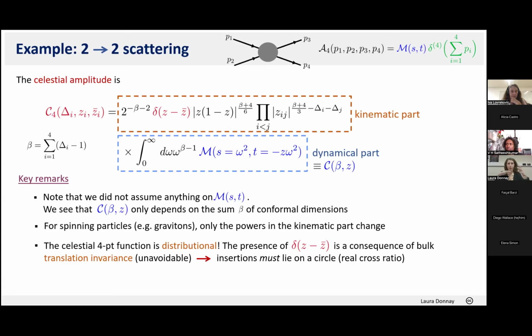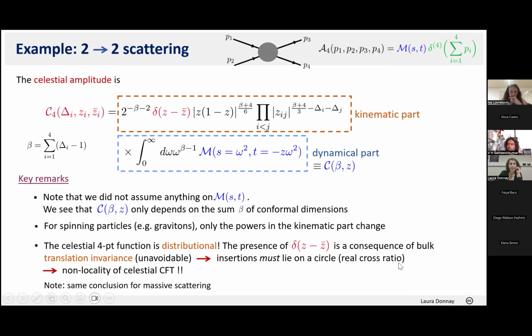Why is it a circle? Well, there is one way to see that. Some intuition you can have is the following kinematic fact: when you have a scattering of 4 massless particles, their spatial momenta must lie on a plane. And so when you think of the intersection of the plane with the celestial sphere, then you know that they have to lie on a circle. So it's essentially what this delta function is telling you.